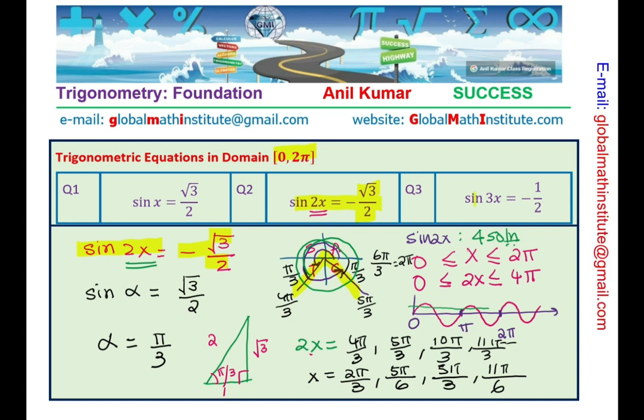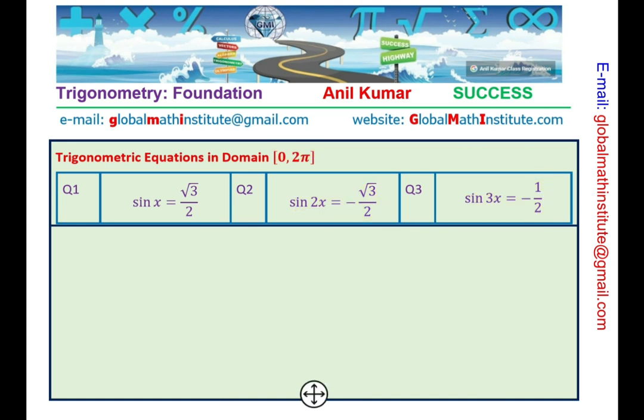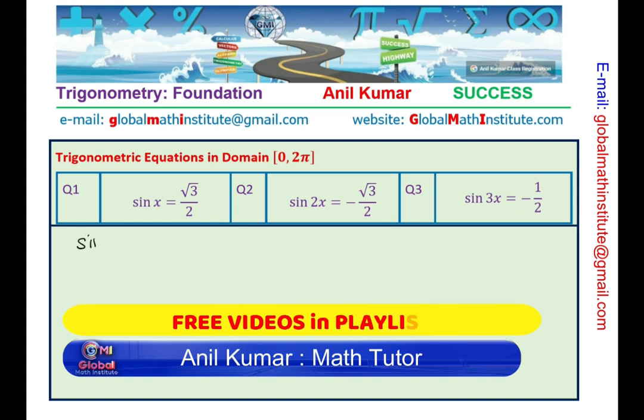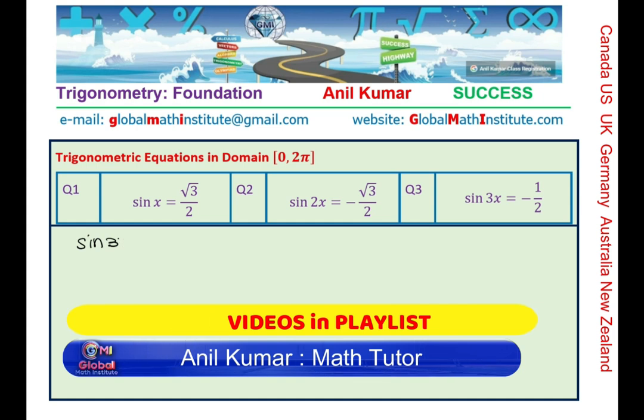Now let's look into the last example where we have sine 3x. Let's see how we do that part, right? So here is a fresh page for you. Sine 3x equals negative half, right? So negative half.